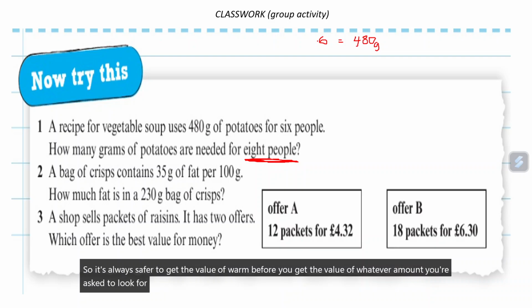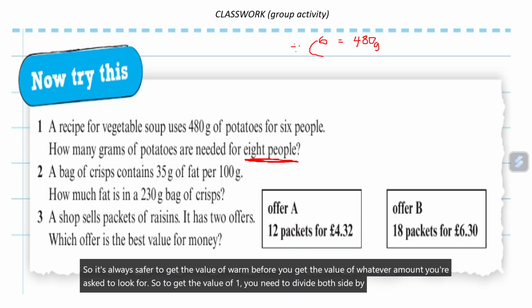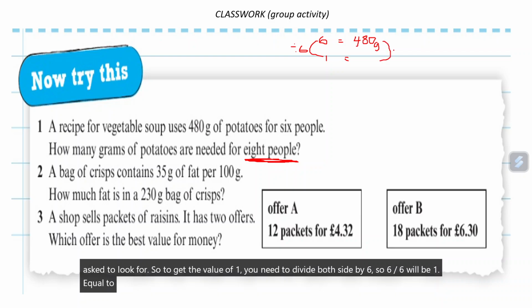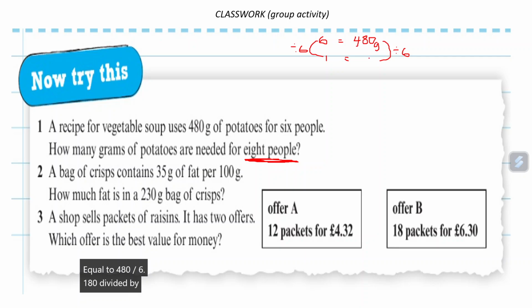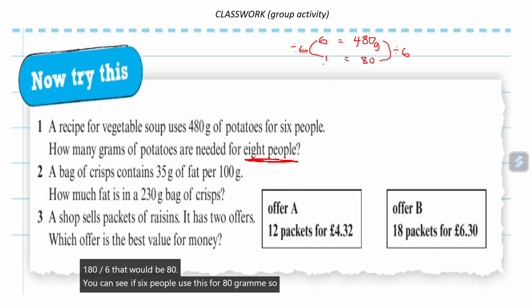So to get the value of one, you need to divide both sides by 6. So 6 divided by 6 will be 1, equal to 480 divided by 6, that will be 80. If 6 people use 480 grams, one person will use 80 grams.